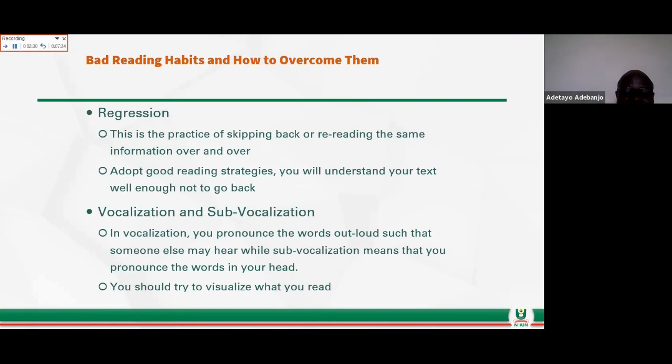So that is why we always say that once you give it persistence and constant doing, it becomes a norm. It becomes a part and parcel of you. And that is why, in the time past, you see some people when they are traveling, they will have a Shakespeare or a novel that they want to read.